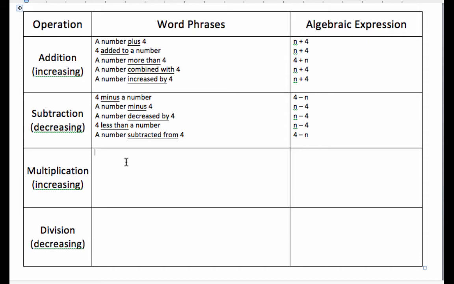So our first one is 4 times a number. 4 times a number would just be 4 times n, but remember we write it as 4n to show that that's multiplication. Even though you have a number and a variable glued together with no signs, you are multiplying.